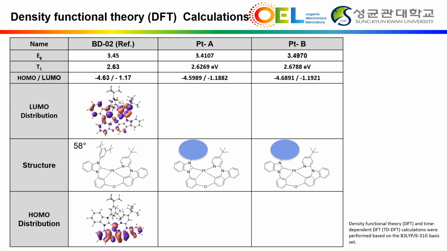Firstly, the DFT calculation results show that the energy gap and triplet energy are similar to that of the reference material. However, the dihedral angle of the upper part of phenylimidazole was larger than that of PD02, indicating greater steric hindrance.